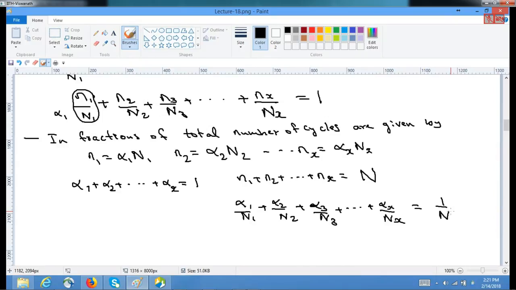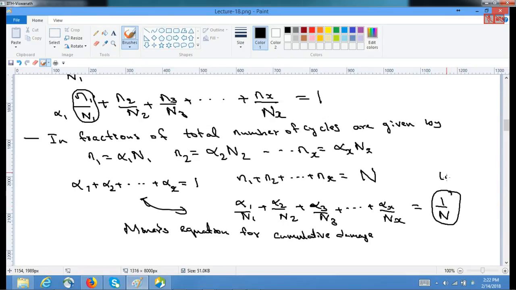So this set of equations is called Miner's equation for cumulative damage, because 1 over N gives the life of one equivalent mixed cycle.